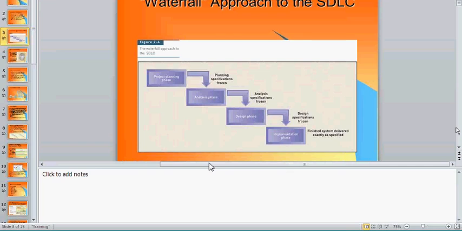So once you have your documents that have been signed off, those specifications are frozen in time. Like the water in the waterfall, it goes from one level to the next level and it can never go back. So the only way possible is to go to the next phase, which is the design phase. Are you clear?